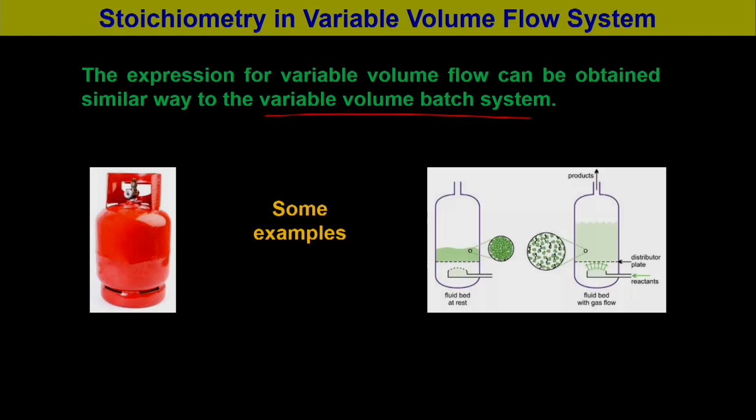Other examples for variable volume flow systems: if we have a fluidized bed at rest, you can see how it looks at rest. Now, if we pass the reactant through the bed through the distributor, the bed will expand. So, essentially the volume of this will change. So, this is another example of variable volume flow system.